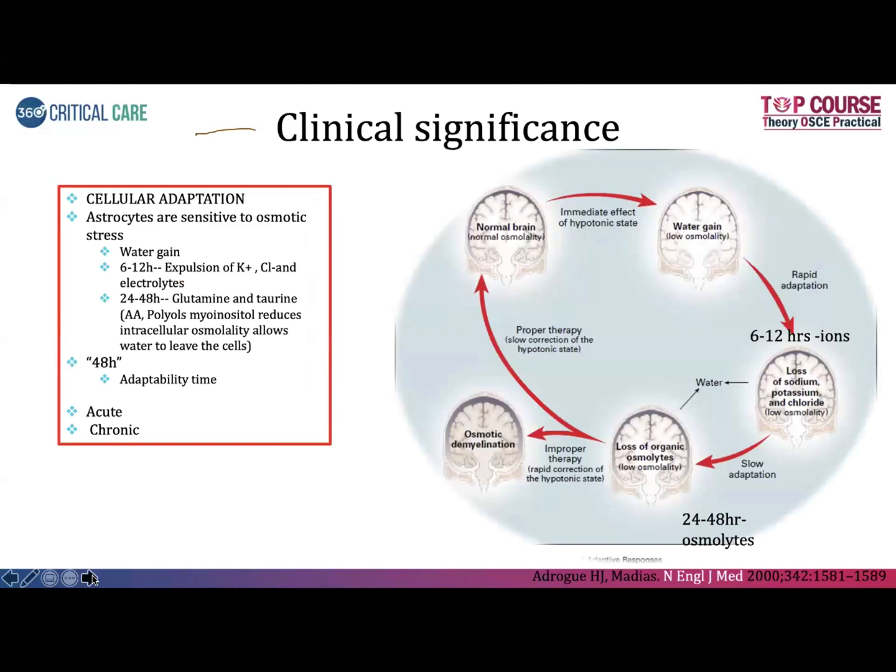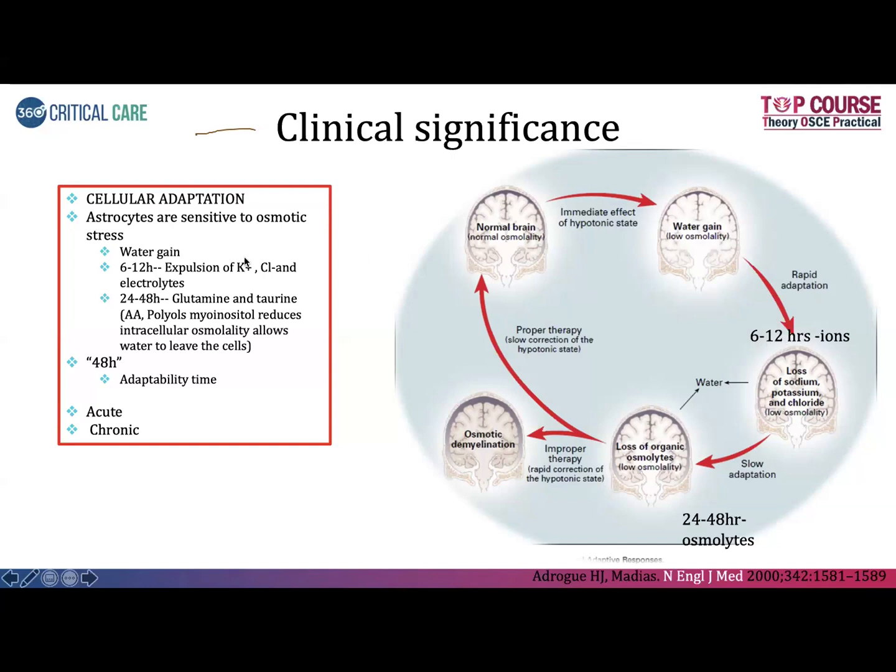So why is hyponatremia important? Okay, we already saw the brain is an osmotically very sensitive organ. So what happens when the sodium level drops? When the sodium level drops, the osmolality in blood comes down. So the brain tries to adapt. Okay, there is low osmolality in the blood, and in the brain as well. So there is a period of rapid adaptation which happens in the initial 6 to 12 hours.